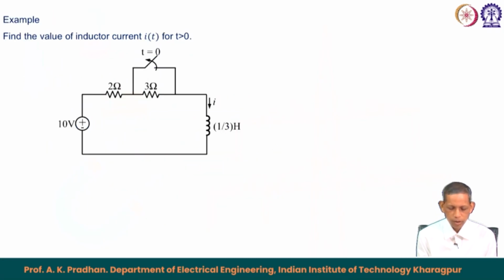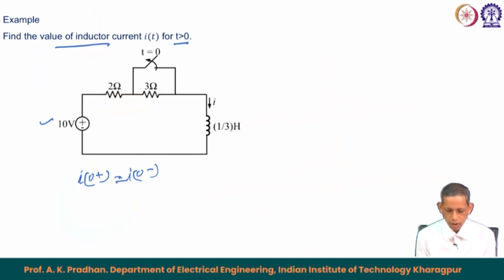So, let us see some examples for the inductor cases also. So, this is a 10 volt source and the corresponding switch is opened at t equals 0. Find the corresponding current for t greater than 0. So, in this case we will again find out the corresponding I(0+), which becomes equal to I(0-).